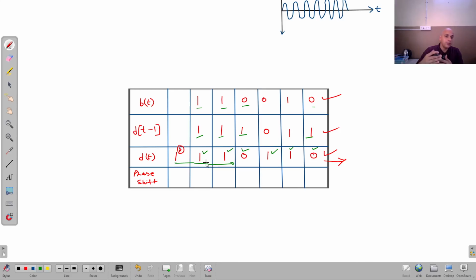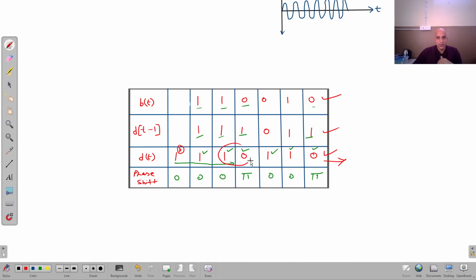Now according to this bit stream, we are going to change the phase of a high frequency carrier wave. The phase is changed in such a way that if the bit is 1, there is no phase change, 0 degree phase change, but if the bit is 0, then the phase change is pi or 180 degree. You can see in this table that a phase change of pi will occur only when there is a transition between two successive bits.